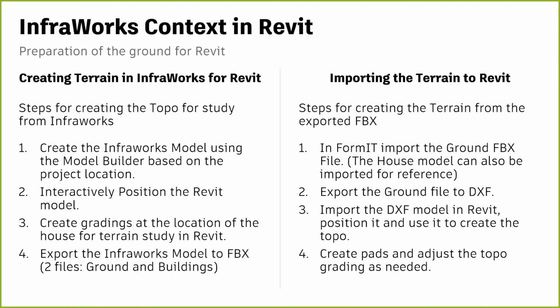And then from Forma, we exported the ground file as DXF, and we exported the house. We could have exported it as DXF or as DWG. Doesn't matter. Now in Revit, we imported the DXF model and we positioned it and used it to create the topo. And then we created the pads in Revit and adjusted the topo grading as needed.